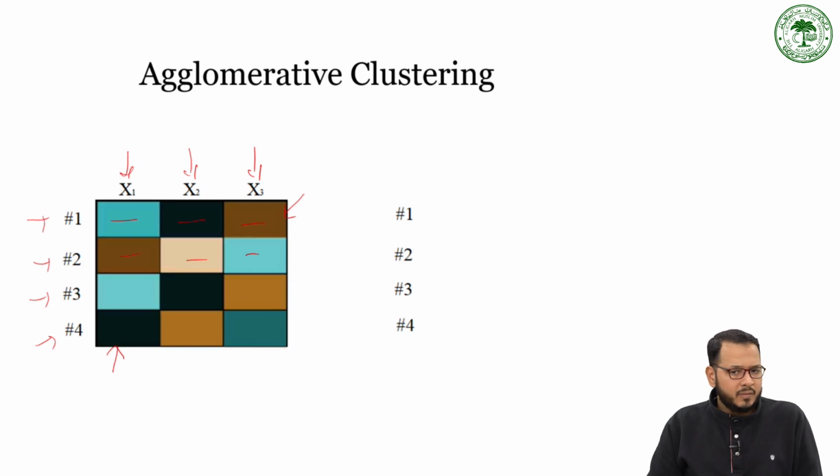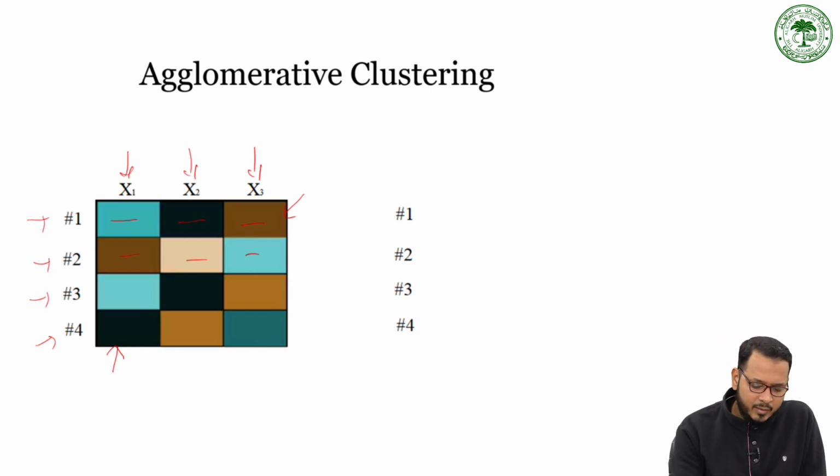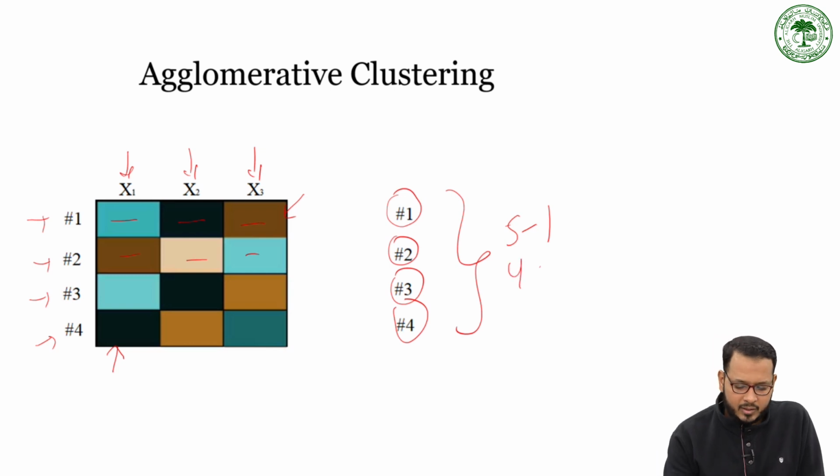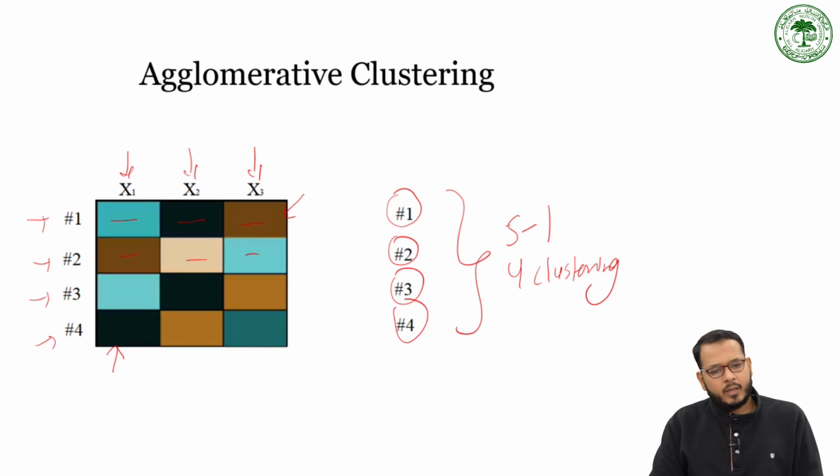In agglomerative clustering, initially each data point is a separate cluster. Or we can say that at step number 1, we have 4 clusters in hand. As the next step, we check the similarity between each pair of data points and then try to combine them.